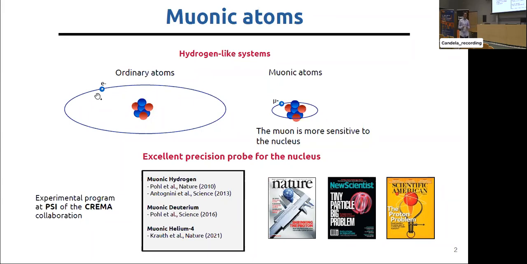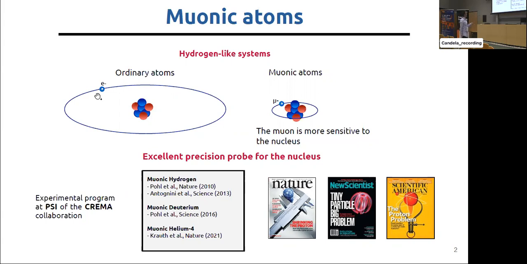And we really want to study these systems since they have the very nice property that, since the muon is much heavier than an electron, the Bohr radius is much smaller than in ordinary atoms. And this means that the energy spectrum of the bound muon is very sensitive to the details of the nucleus. So this is the reason why muonic atoms are nowadays considered an excellent precision probe for the nucleus, and they have been extensively used over the last few years to study nuclear properties.